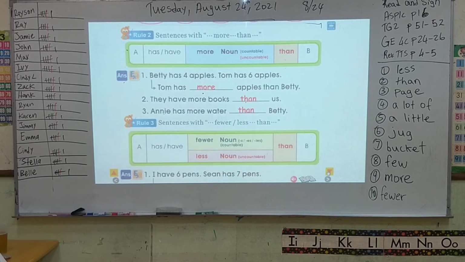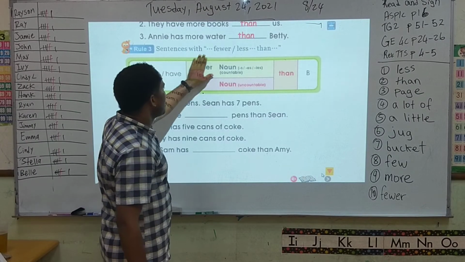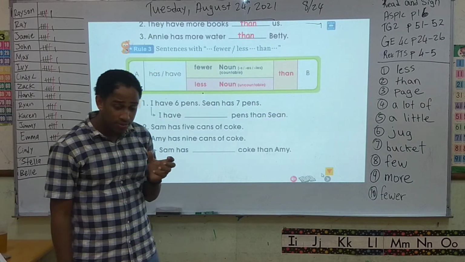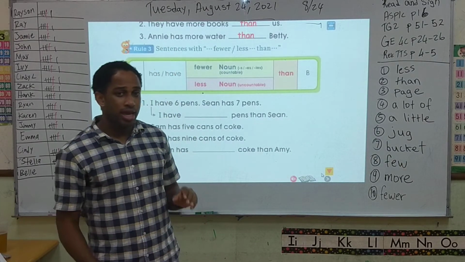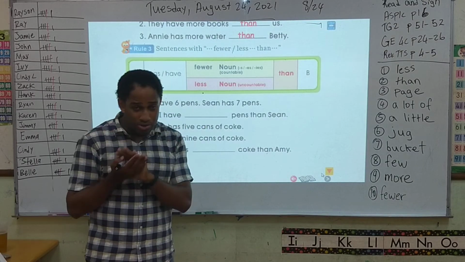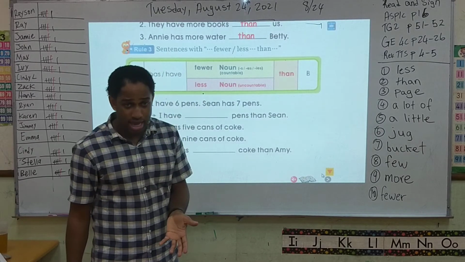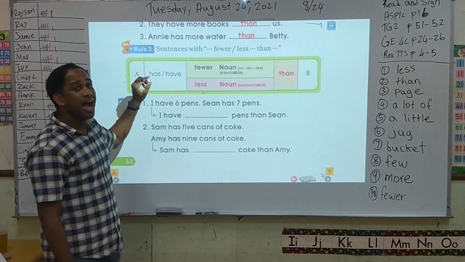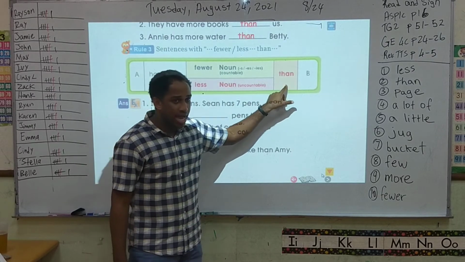Rule number 3. Now, this is very important. Sentences with fewer and less. Remember, fewer is used for countable nouns. And when you deal with countable nouns, you must have your S, your IES, or your ES. So, Tom has fewer apples than Jack.